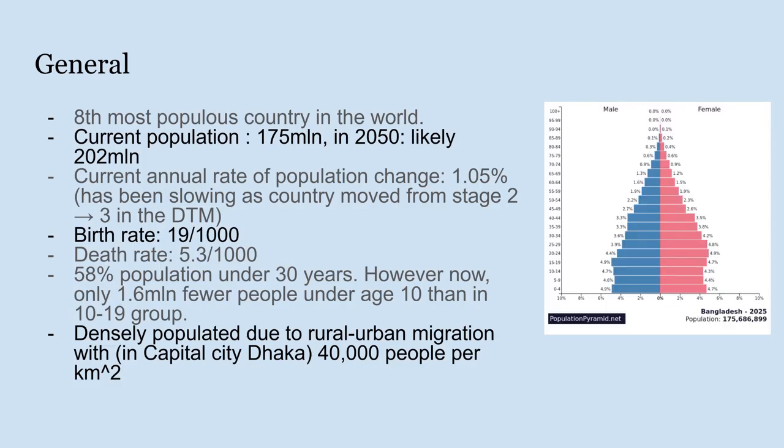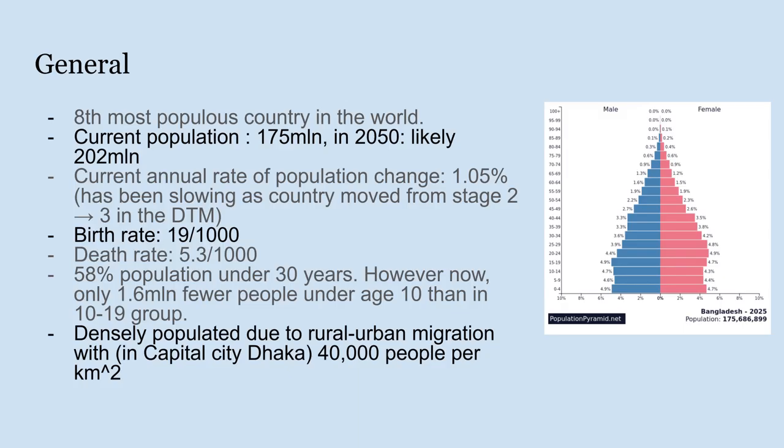So talking about Bangladesh in general, it is the 8th most populous country in the world. Its current population is 175 million, and it is predicted that in 2050 it's likely to be around 202 million.